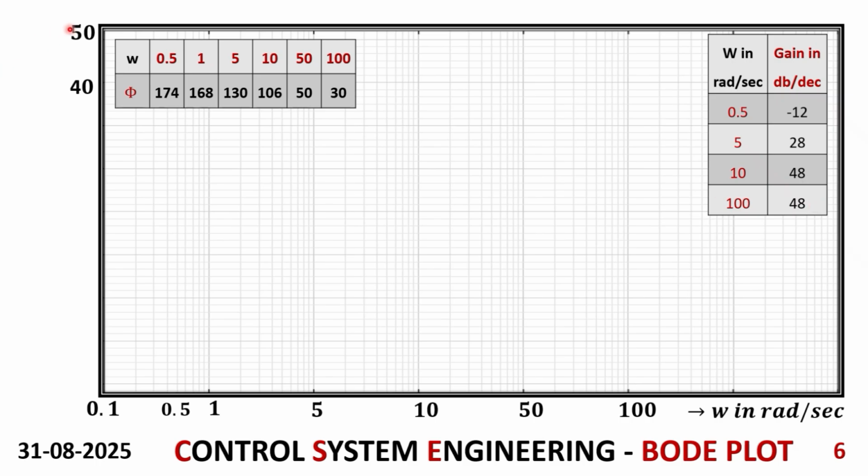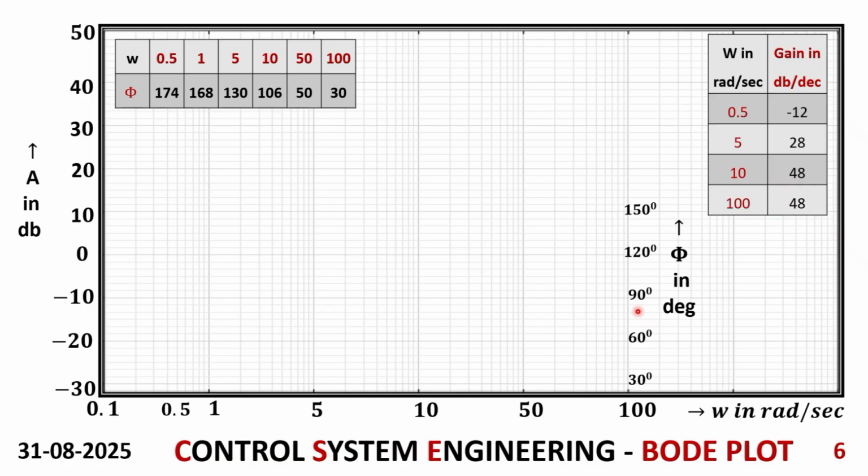So we'll take it as starting from 50, 40, 30, 20, 10, 0, minus 10, minus 20 and minus 30. And the corresponding phase values you got, the minimum is 30 and maximum is 174. So we'll go from 30 to 180 on the same y-axis in the same semilog sheet. So gain in dB is given on the y-axis. The same axis gives phase in degrees, with 30, 60, 90, 120, 150 and 180.